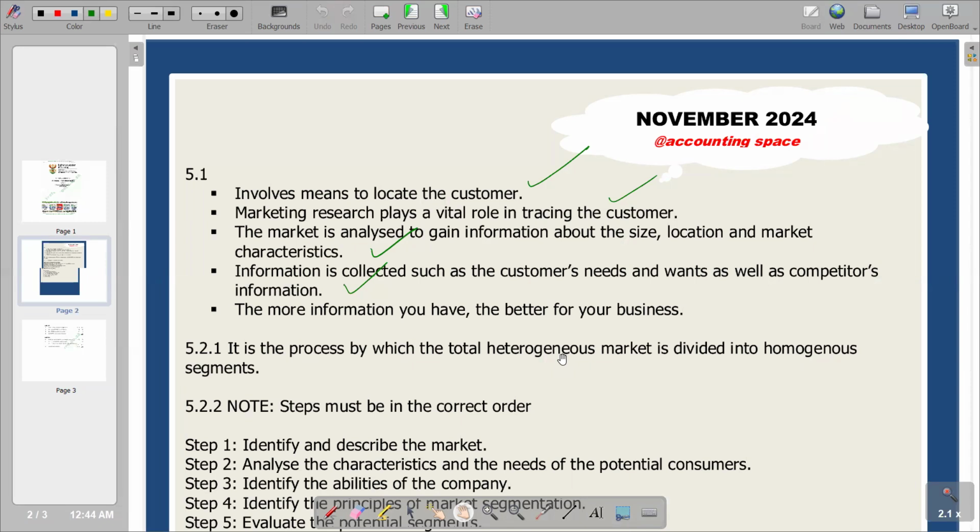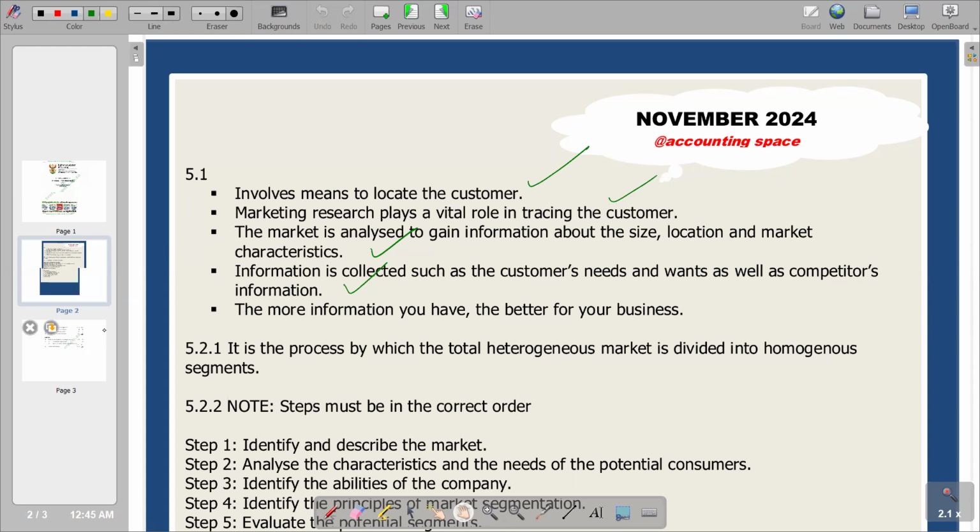So we need to group them into customers with similar characteristics, so that we can address them separately. Dividing them into homogeneous segments means we are subdividing them into segments with the same characteristics. So basically, this is what we have on 5.2.